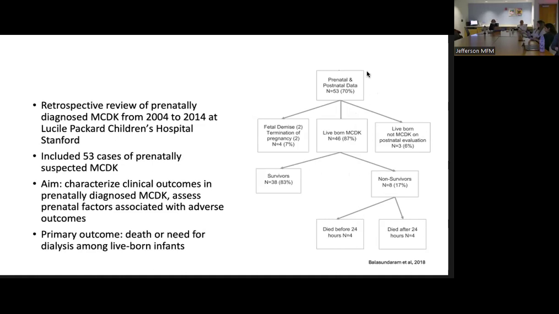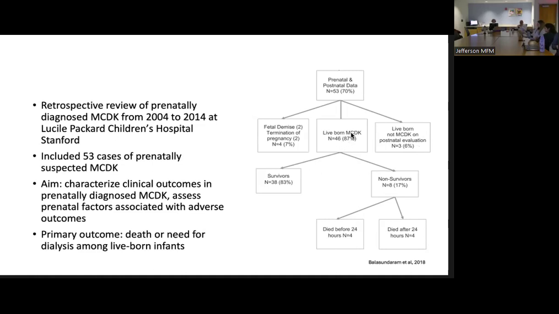So it includes 53 patients, as I said: 2 ended in fetal demise, 2 were terminated, 87% were live born, and then 6% were thought to be MCDK prenatally but postnatally were found not to be.